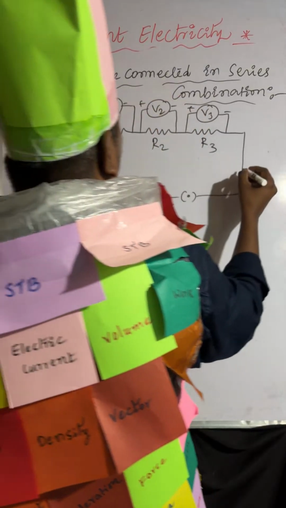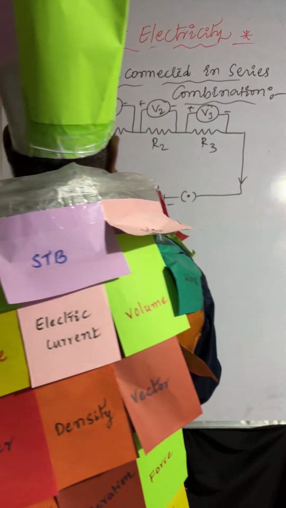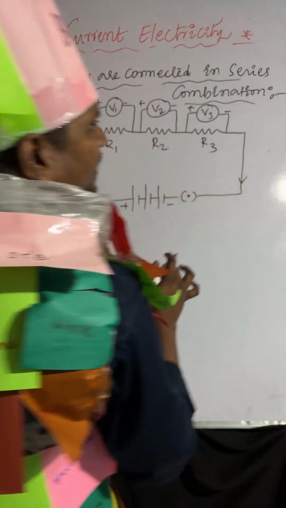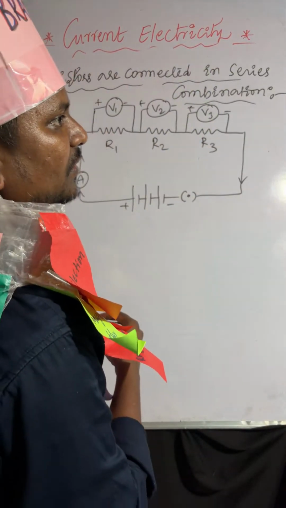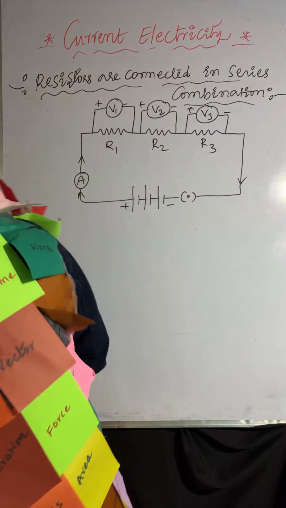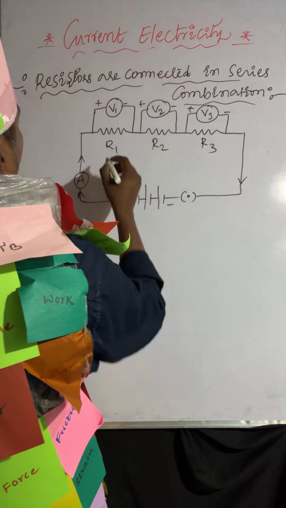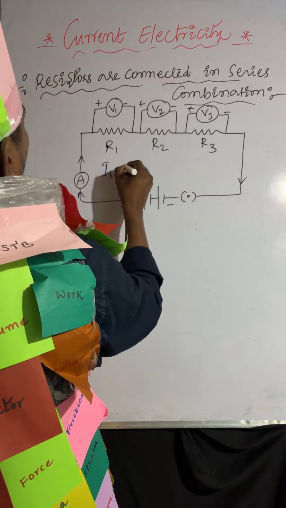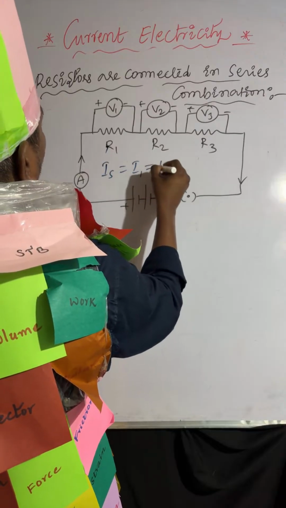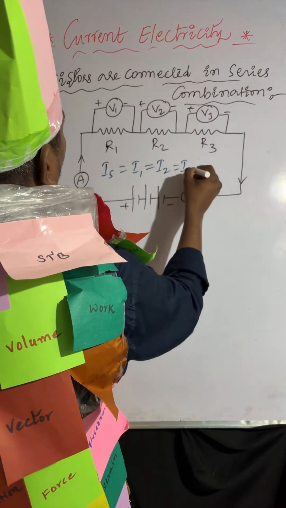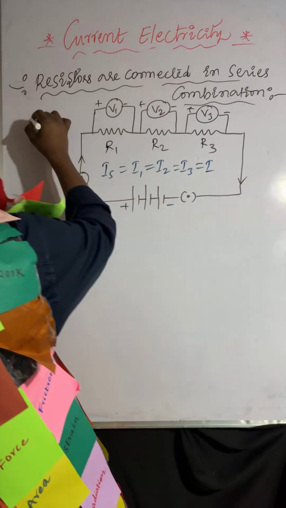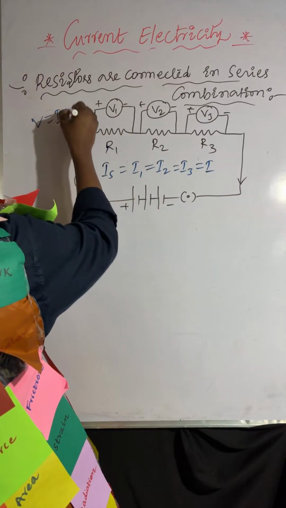Current is flowing. Now you can see here, throughout the circuit current is the same. Yes or no? So IS equal to I1 equal to I2 equal to I3 equal to I. From Ohm's law, V equal to IR.